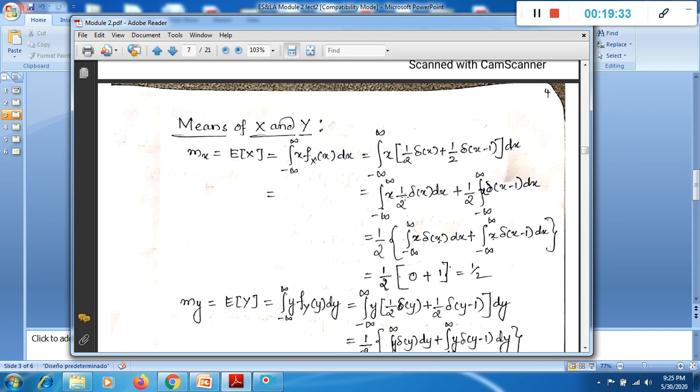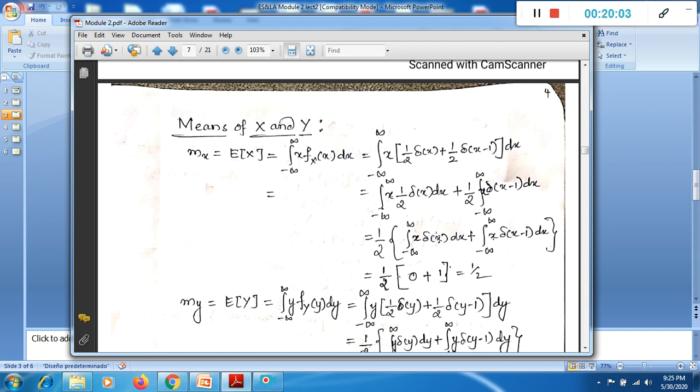So let's make it clear how this integration is being solved. It is x into 1/2 into δ(x) dx. So 1/2 is common among both the terms. We can take it outside. So integration from minus infinity to plus infinity x δ(x) dx. We know that x into δ(x): what value can we take for x to make this δ(x) non-zero?